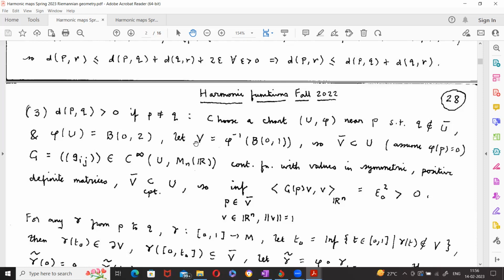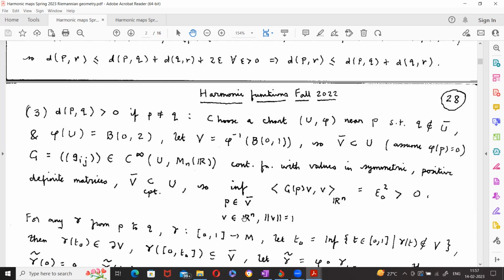And now if I take this V here, V closure is a compact subset of U. So on this compact subset, I look at a function of pairs (p, v), where p is in V closure and v is a unit vector in R^n. In other words, I'm looking at V closure cross S^(n-1), the product space that is compact.